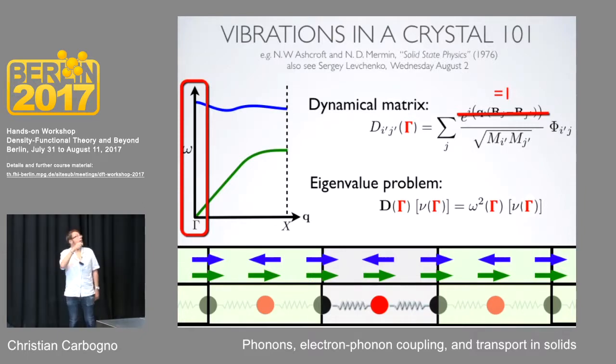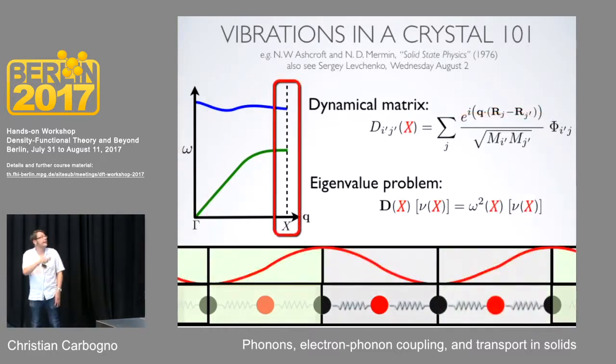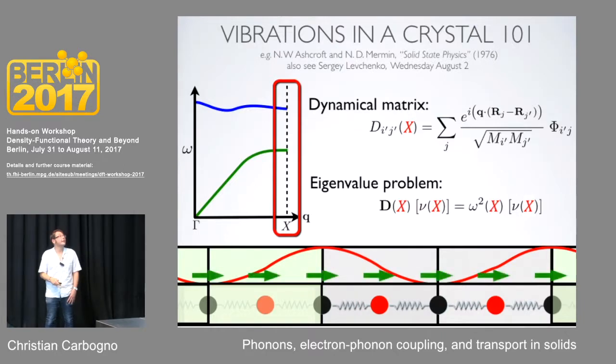If you go to the other extreme, at the boundary of your Brillouin zone, then the phase changes quite dramatically. You get a phase change over every second unit cell, so you have a very rapidly oscillating phase, and this gives you quite different modes. In the acoustic case, the atoms in the same unit cell are still in phase, but the neighboring unit cells are out of phase.